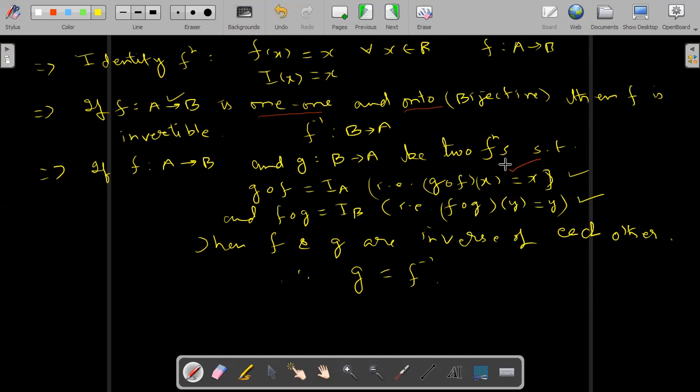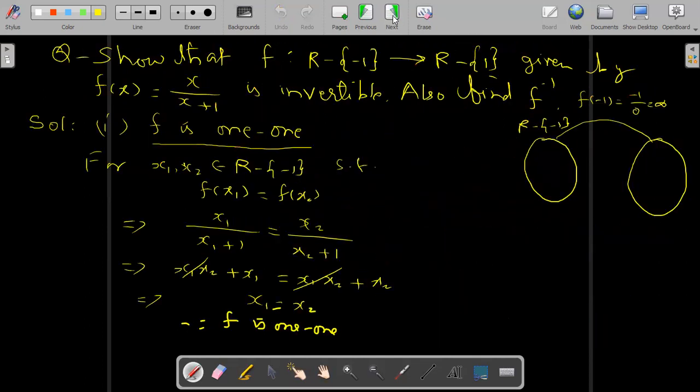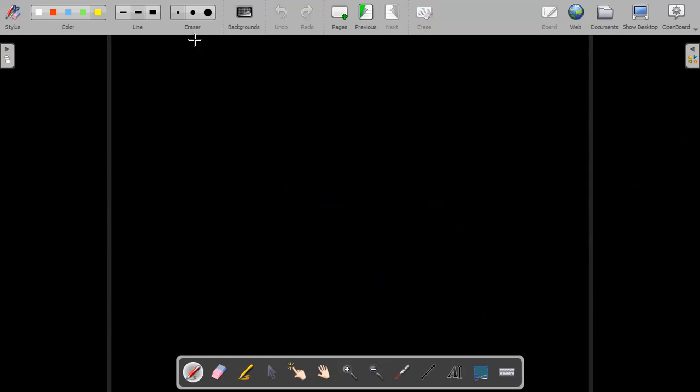Then we can find the inverse of that function also. So the same question can be solved by the second method. Same question we are doing by the second method. Okay. So this is our second method of doing the same question, where we will use g of f of x is equal to x. Okay.